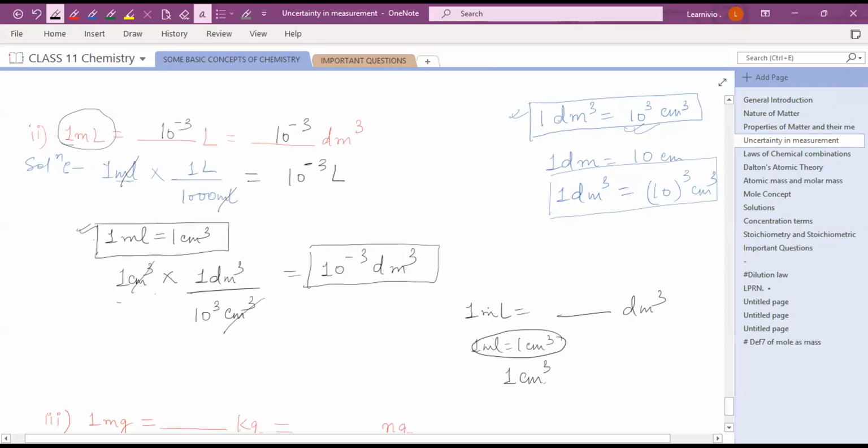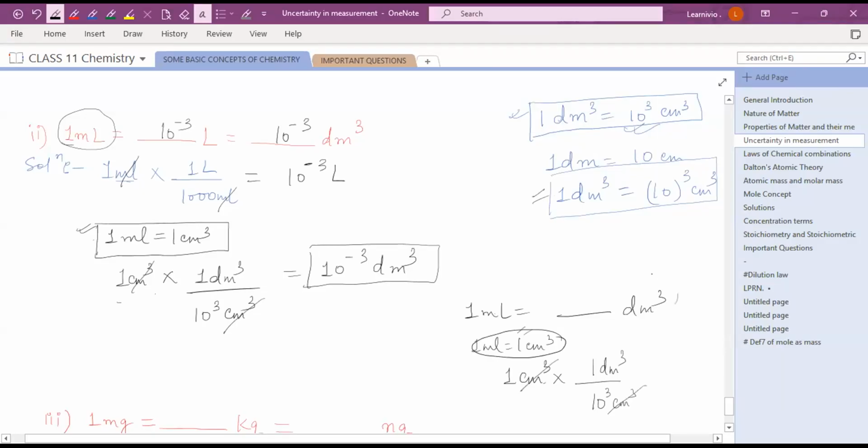Because there is a relationship between decimeter cube and centimeter cube, that's why we are substituting the milliliter with centimeter cube. Now in 1 decimeter cube, how many centimeter cubes are there? 10 to the power 3 centimeter cube. Why are we writing centimeter cube in the denominator? Because we have to cancel these units.